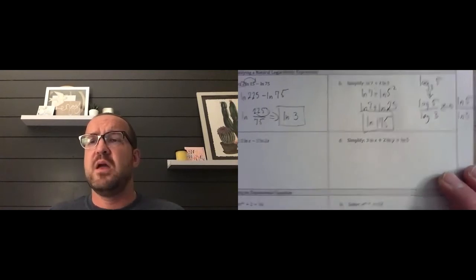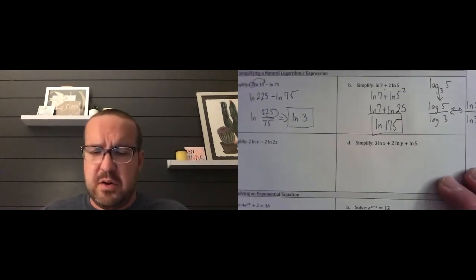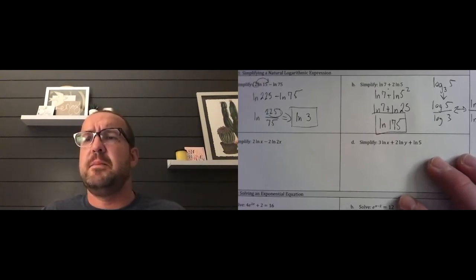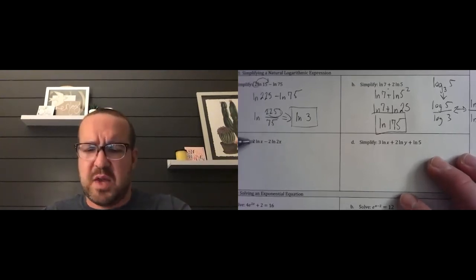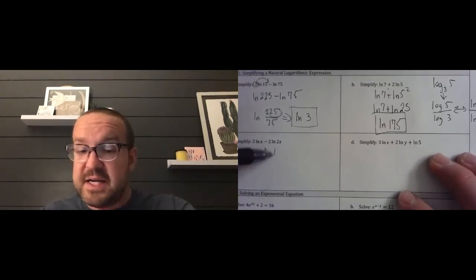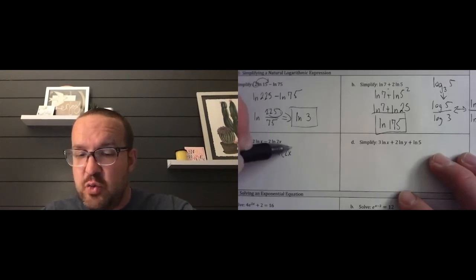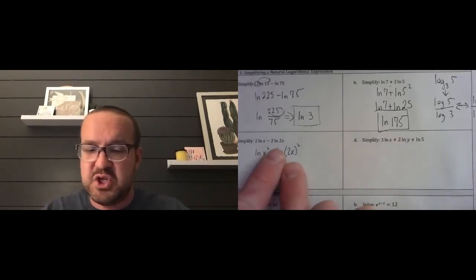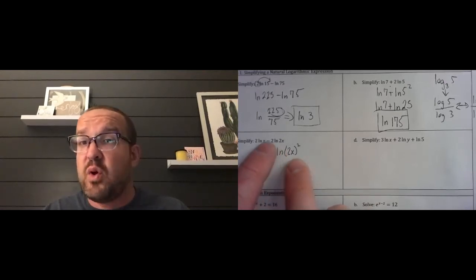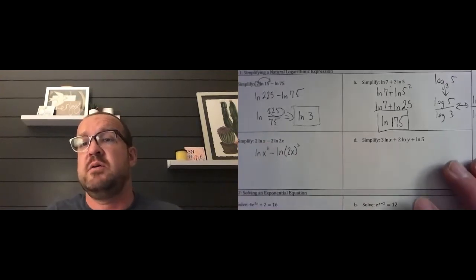All right, so let's try a couple more here. These last ones are maybe a little bit more intense, but let's just see here. We know that we have things that are going to be with the exponent. So it's going to be the natural log of x squared minus the natural log of 2x squared. Notice that the 2x, they're both with this natural log right here, so therefore, they both need to get squared.